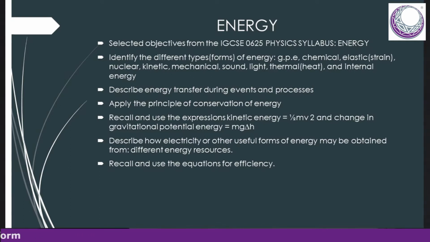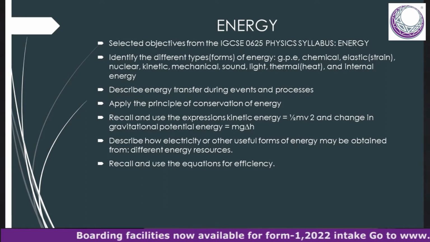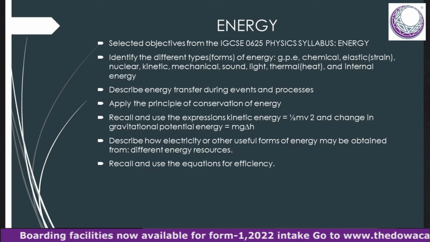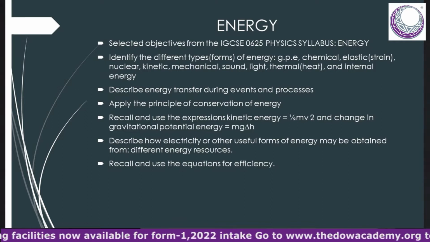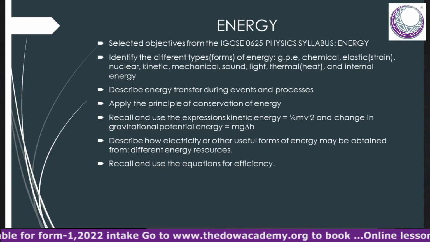Then at the end, we are supposed to describe how electricity and other useful forms of energy may be obtained from different energy sources, the production of electricity from different energy sources. We are also going to look at efficiency, where we are doing some calculations on efficiency. We move on.